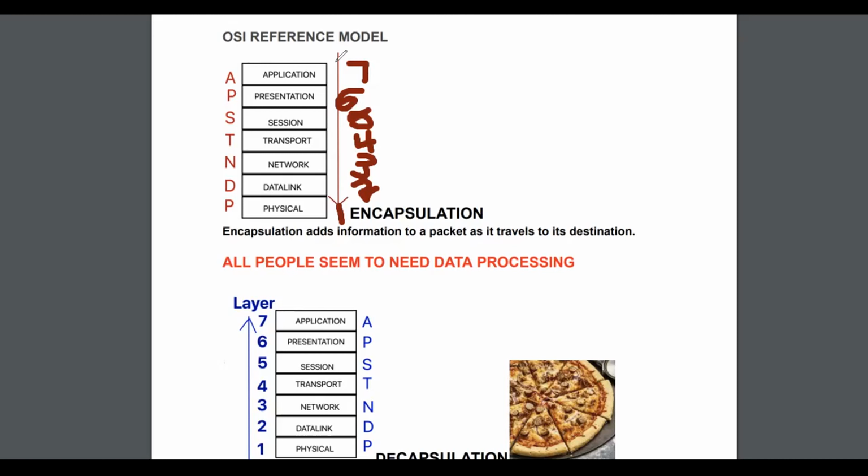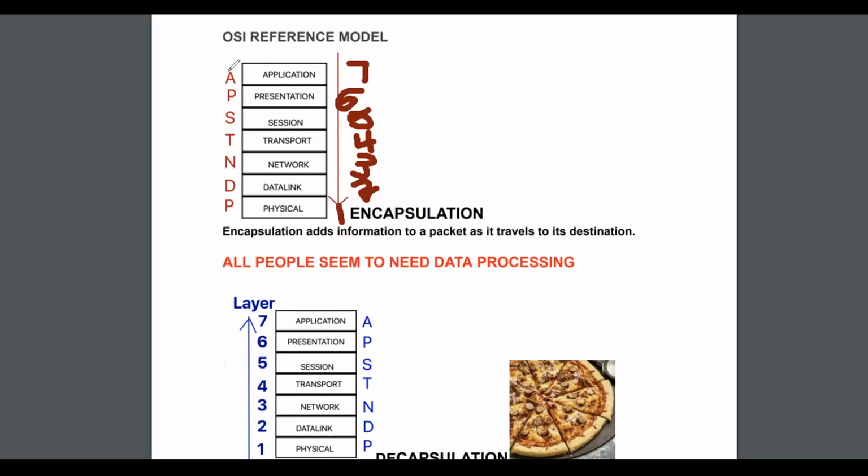You see this arrow starts from the top to the bottom. That process is the encapsulation process, which means that at each layer, a header is added to the packet until it reaches its destination.